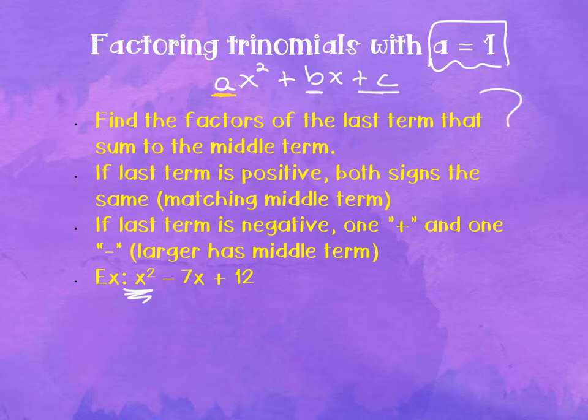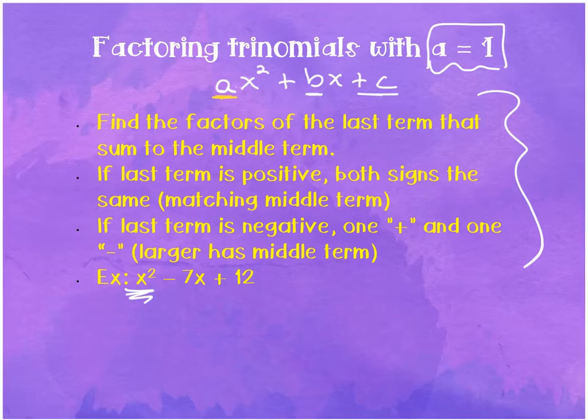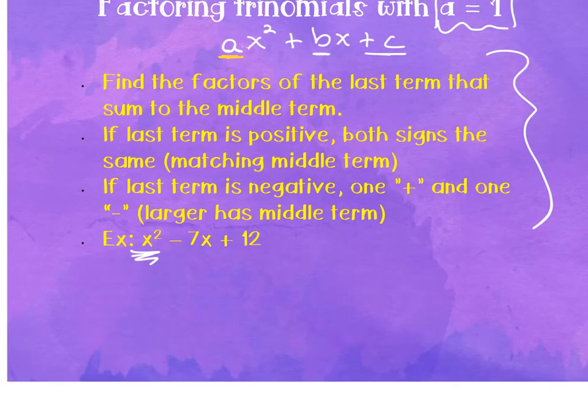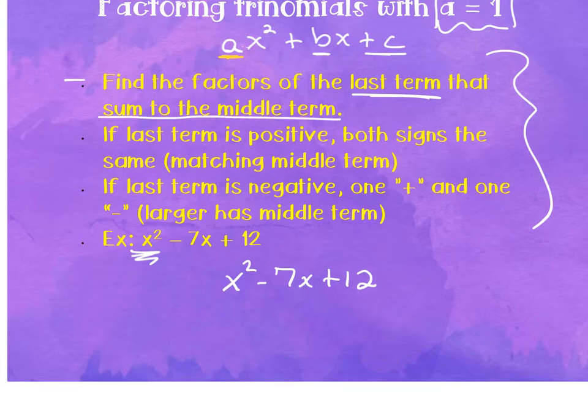So these are the steps that we will follow in order to factor trinomials where a equals 1. My first example here is x squared minus 7x plus 12. First, what I need to do is find the factors of the last term that will add to the middle term.